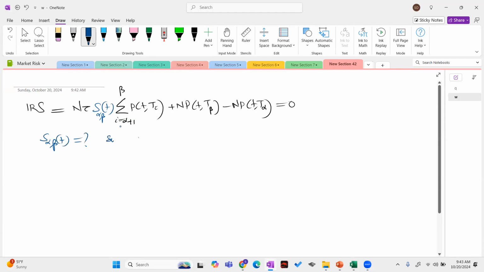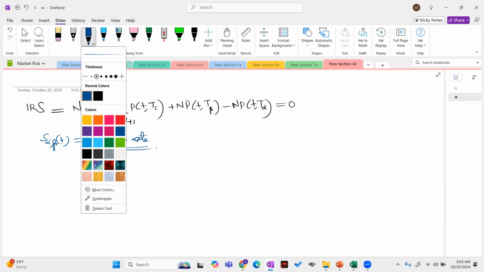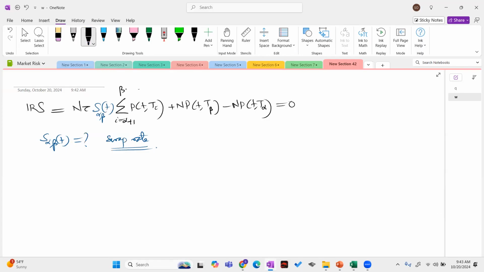That's the swap rate. Now, at time t equal to zero, special case, I decided on a fixed rate, K. And I decide the K in such a way that the value of the swap is zero. So basically, S alpha beta at time zero, the swap rate at time zero is what gets fixed.